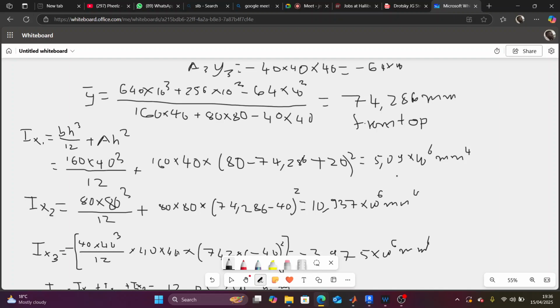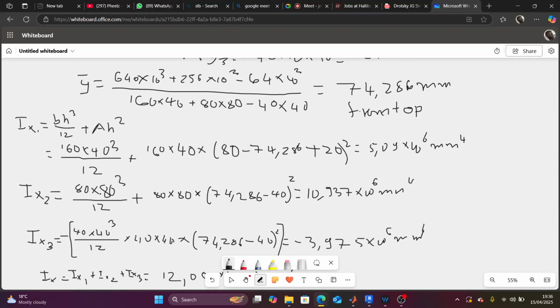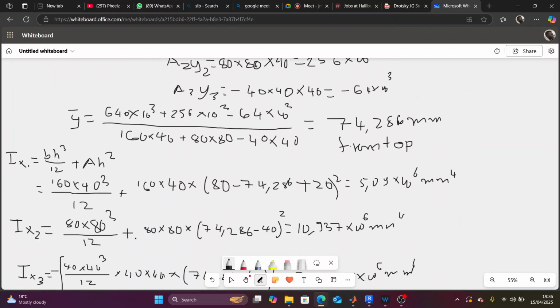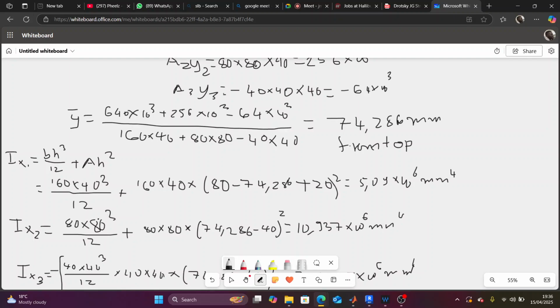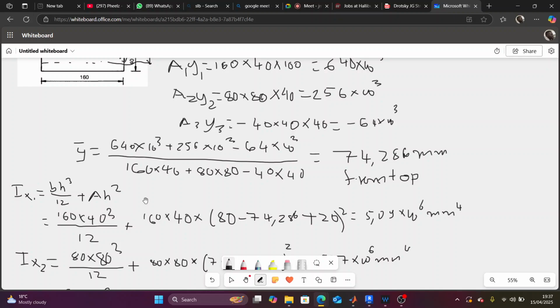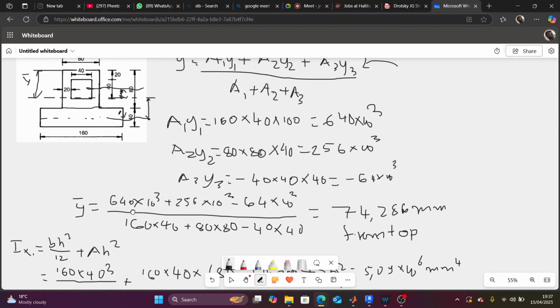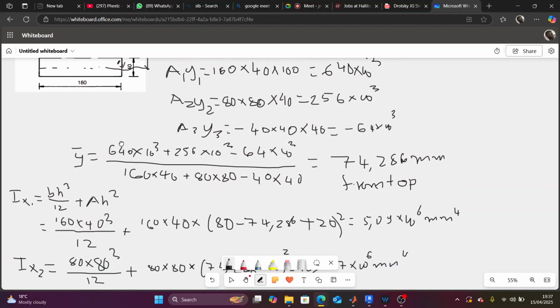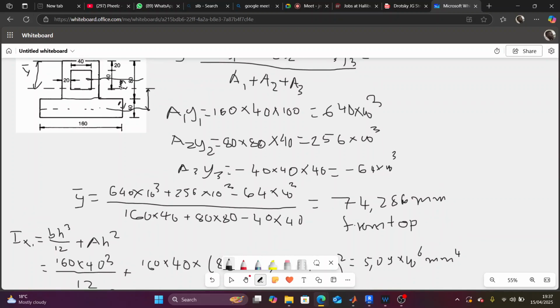Yes. Okay, let's double check Ix2. Ix2 is 40 times 40 cubed divided by 12. How do we get the distance for Ix2, to the center of gravity of this, this h here?